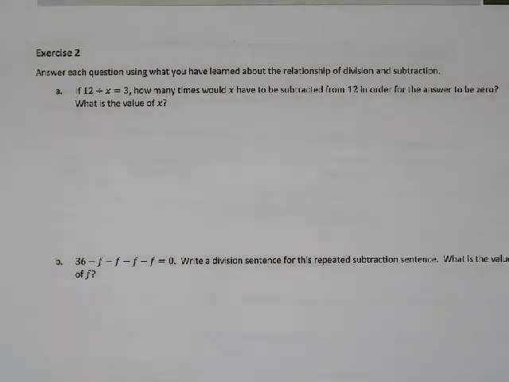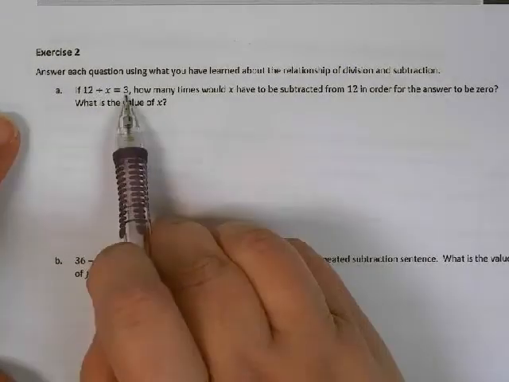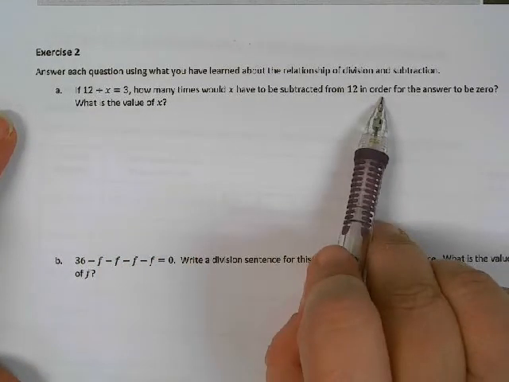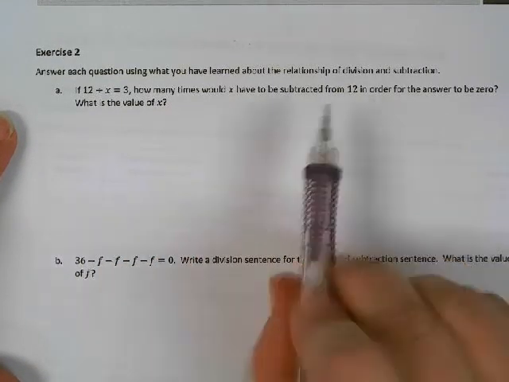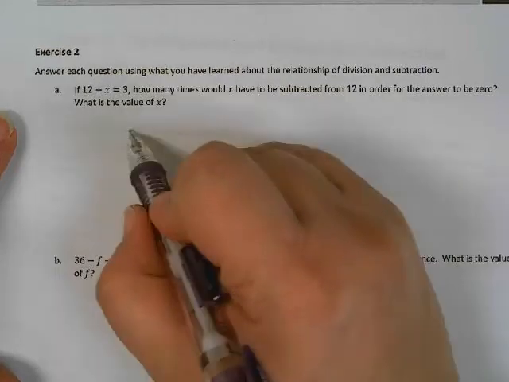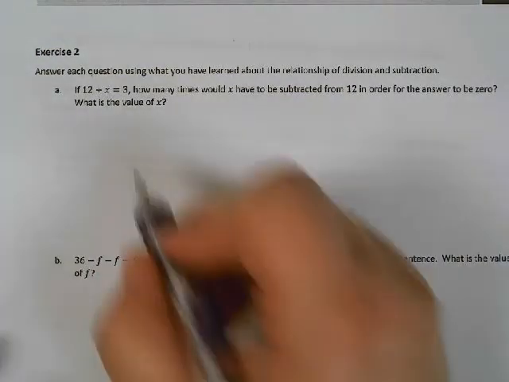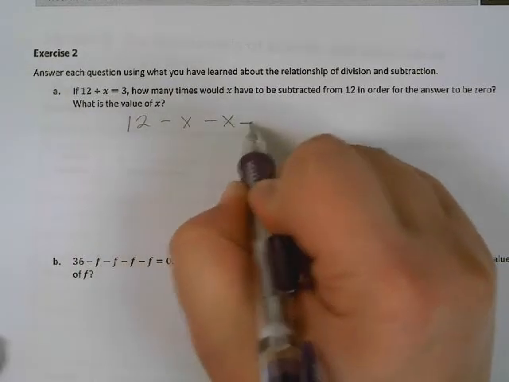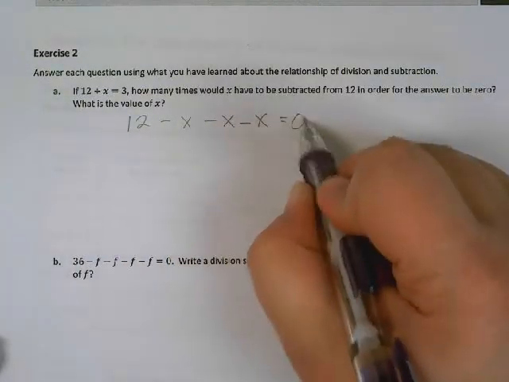On the next one, it says answer each question using what you've learned in the relationship of division and subtraction. So if 12 divided by x is 3, how many x's would have to be subtracted from 12 in order to be 0? Well, according to our problems that we just did, I know I could do 12 minus x minus x minus x would equal 0.